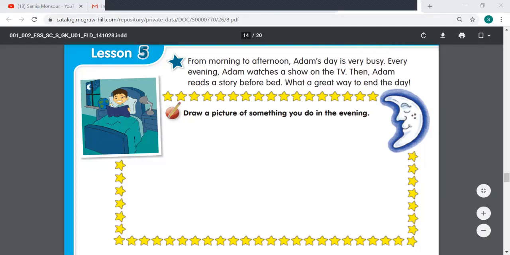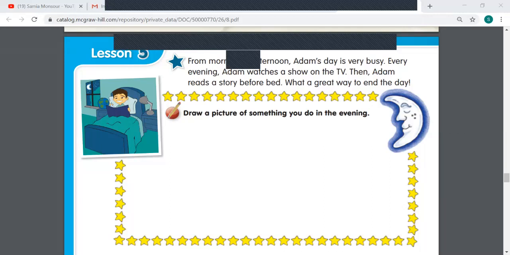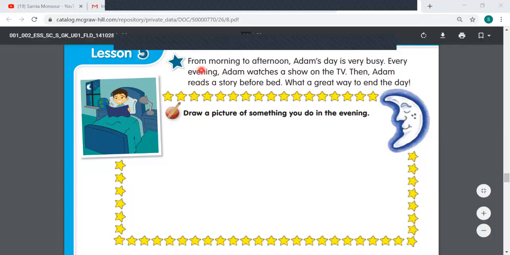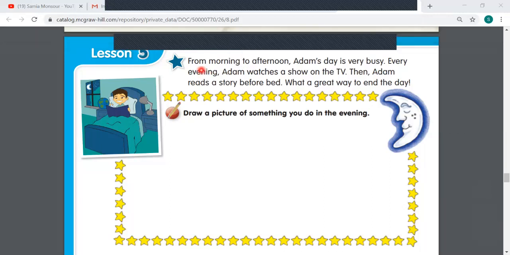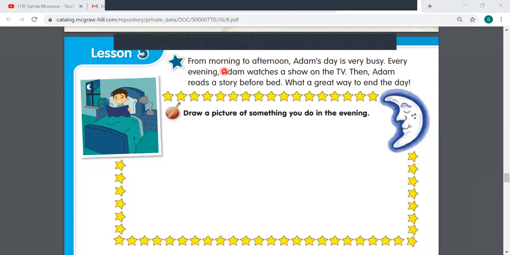Let me get my little pointer so that you can follow along with me. And I want you to follow along and try to read, but I'm going to do the reading. Just follow along with me. From morning to afternoon, Adam's day is very busy.